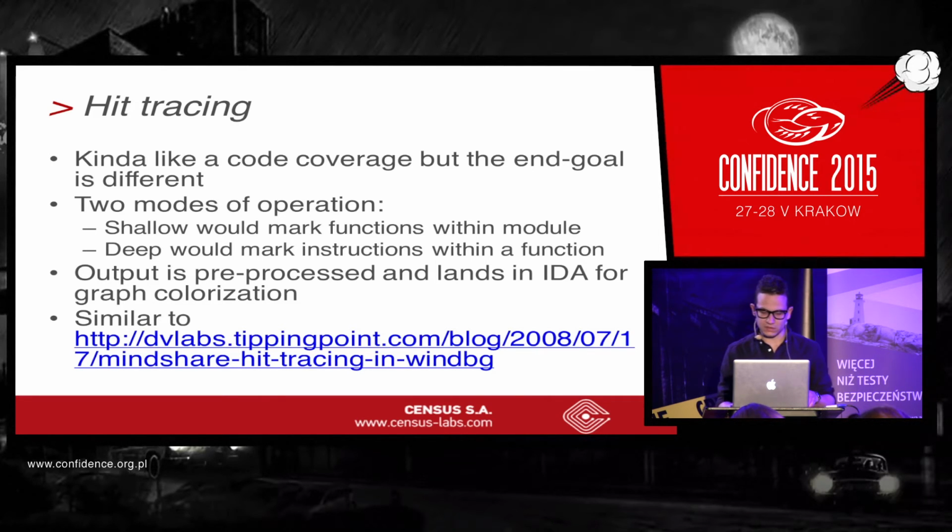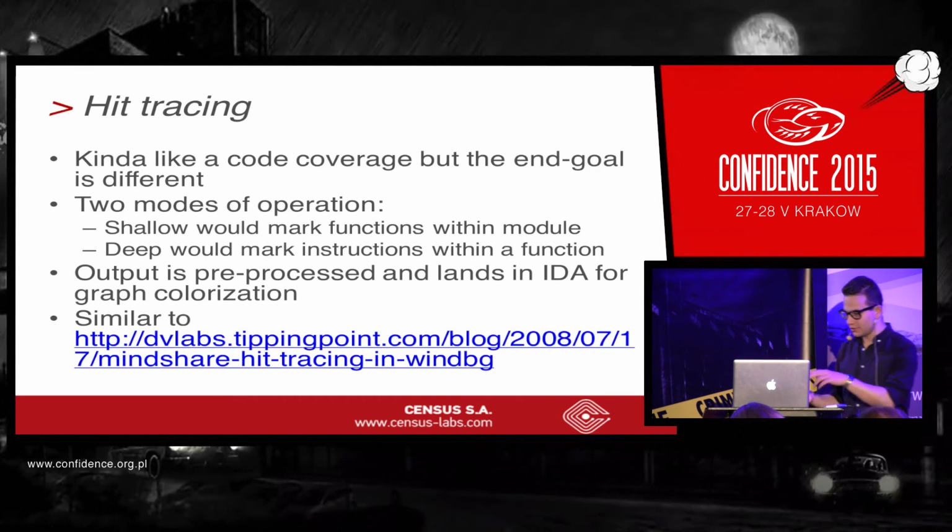With heat tracing, I want to know which particular functions, and later which particular code lines, will be hit when I run specific input. So basically, you could do that with IDA.